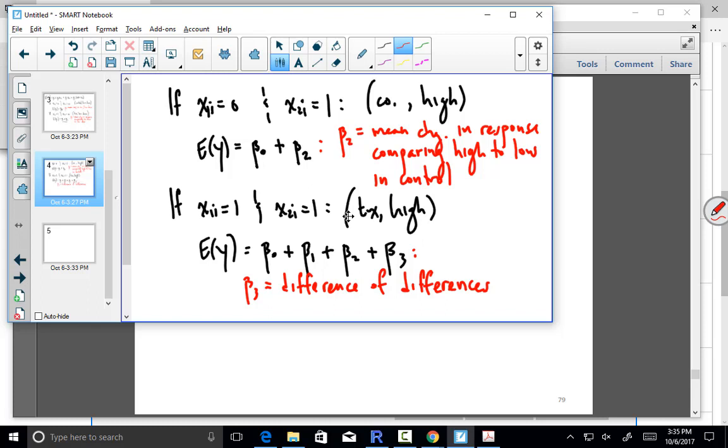Beta 1 in the first case is like an average treatment effect, whereas beta 1 in the second case is the treatment effect specific to the low dose group. Those could be different. Similarly, the statistical significance could be different. There could be no overall treatment effect when you average over dosage, but there may be a treatment effect in the low dose.